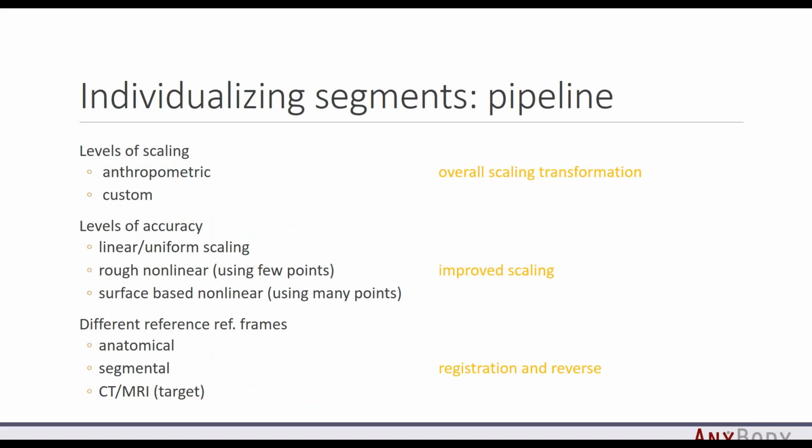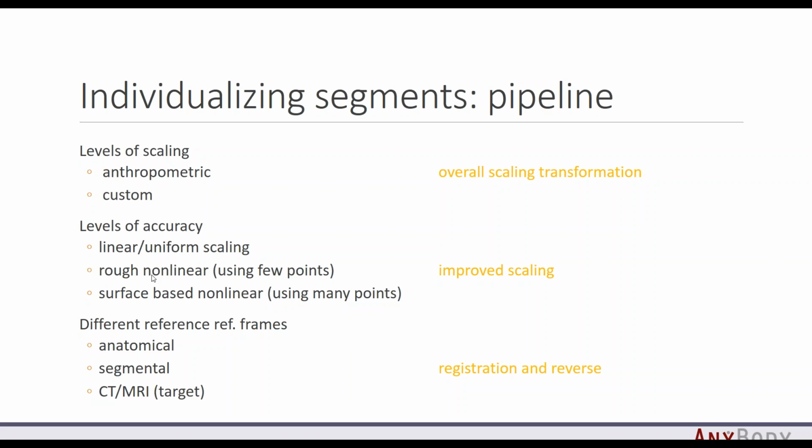So as I said, we could use a pipeline of transformations, and this is a very important concept in subject-specific scaling, because we could use different levels of subject-specific scaling. We can start by scaling bones anthropometrically, and then use a single linear transformation. Then we can do another level of scaling by employing some linear uniform scaling functions just to improve the size a little bit more.